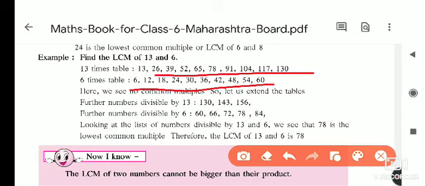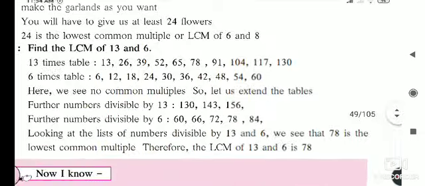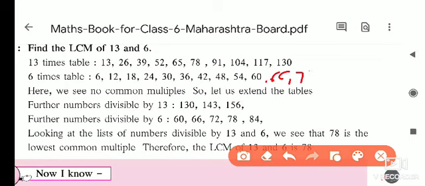Means 11 6s are 66, right? Next we have to write 11 6s are 66, 12 6s are 72, 13 6s are 78, then 84.